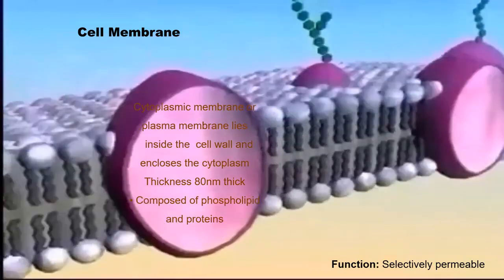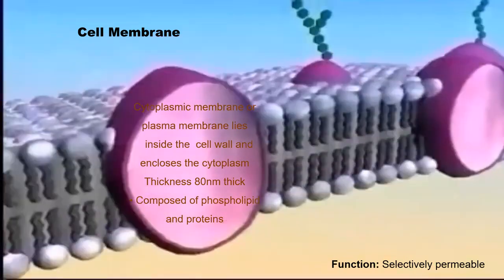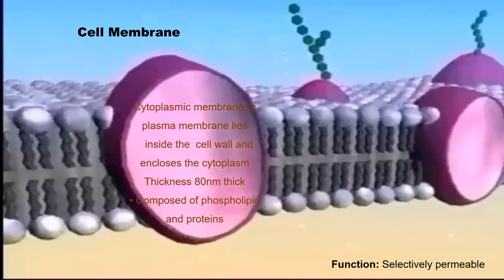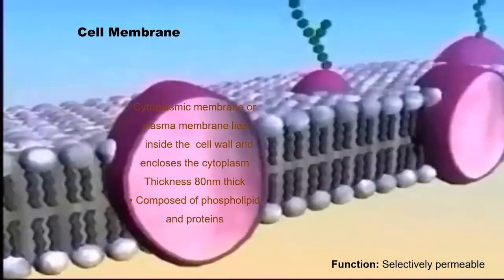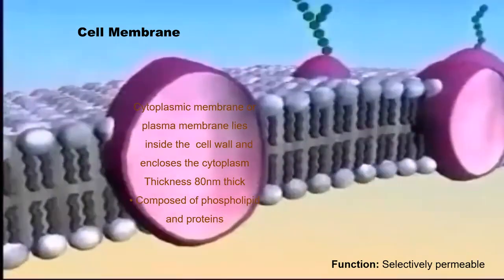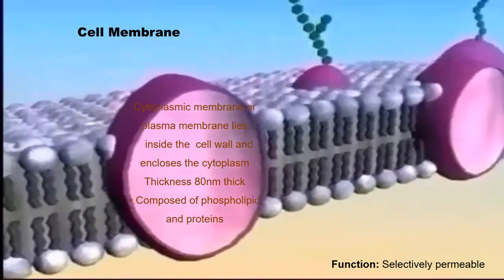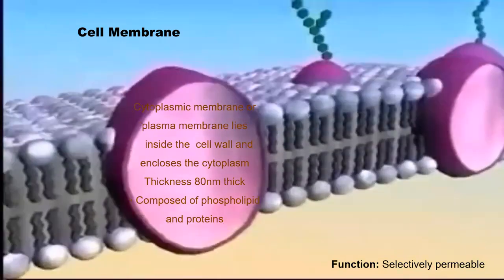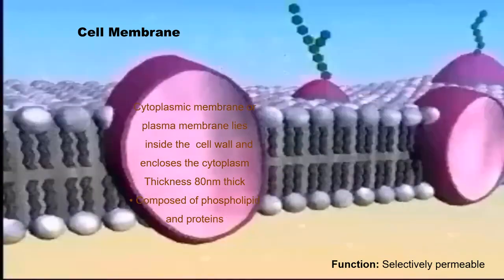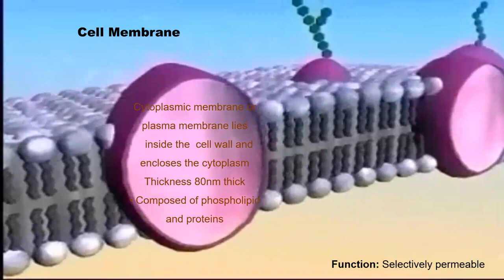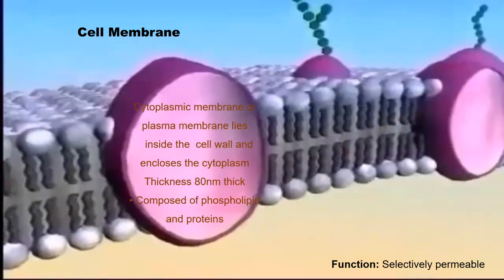It lies under the cell wall and encloses the cytoplasm. The thickness is about 80 nanometer. The cell membrane is composed of phospholipid and protein. The main function is the selective permeability.